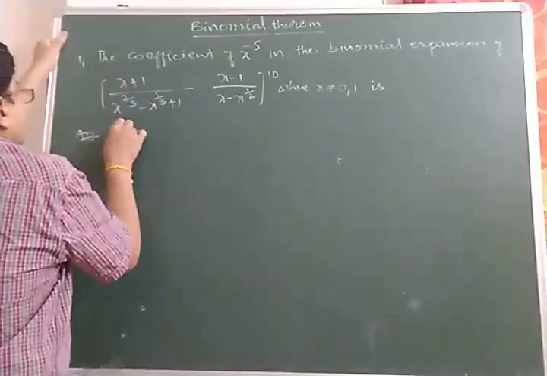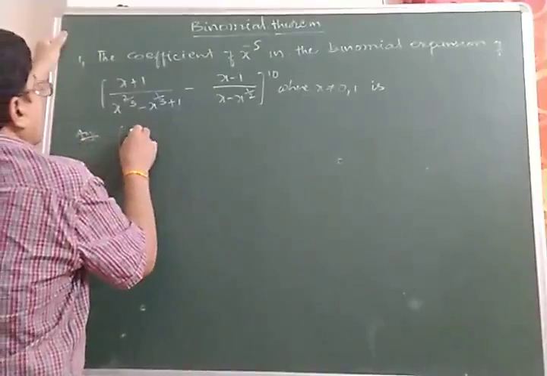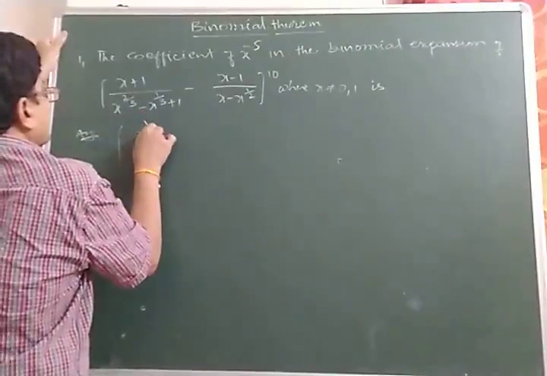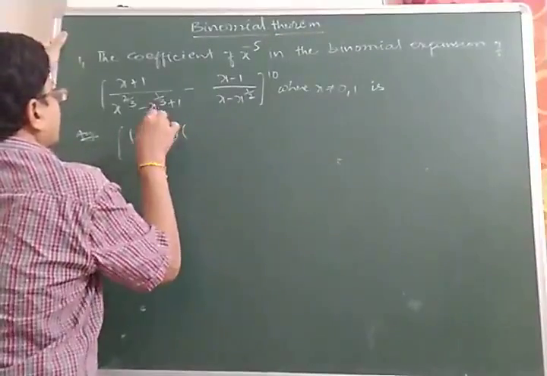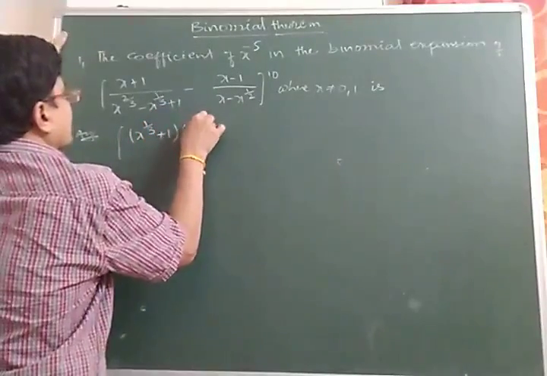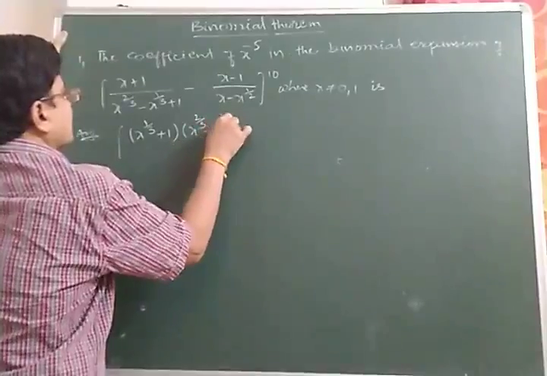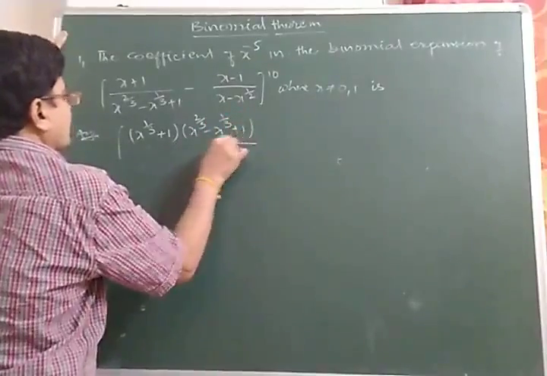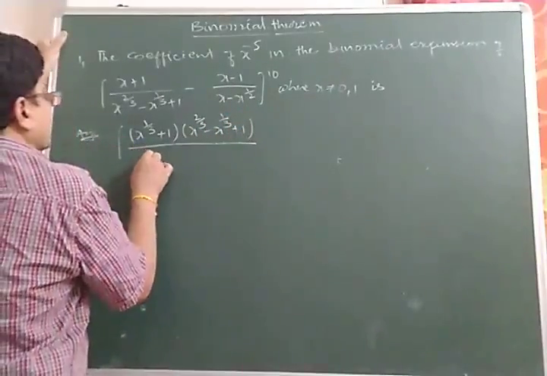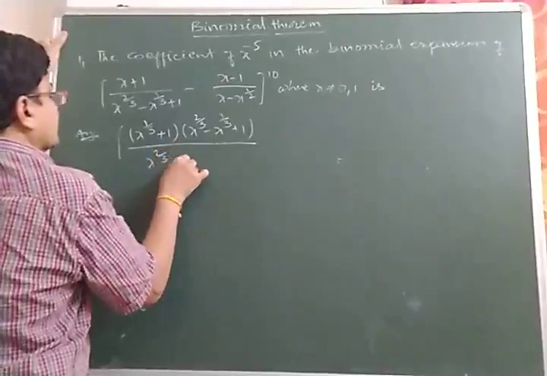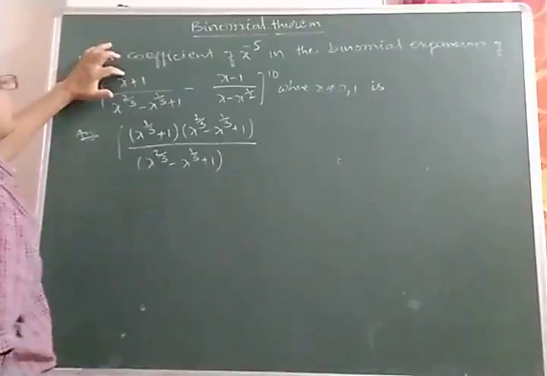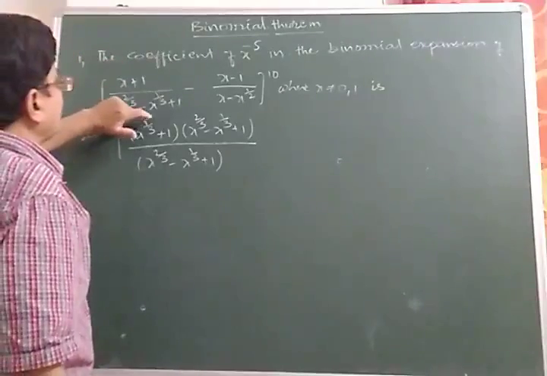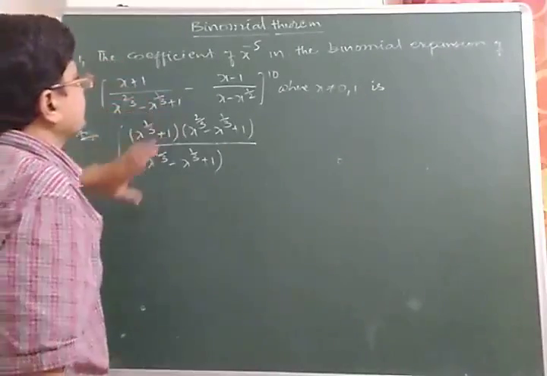So here we write this one as (x^(1/3) − 1)(x^(1/3) + 1)(x^(2/3) − x^(1/3) + 1) divided by (x^(2/3) − x^(1/3) + 1). This can be written as a cube plus b cube formula.